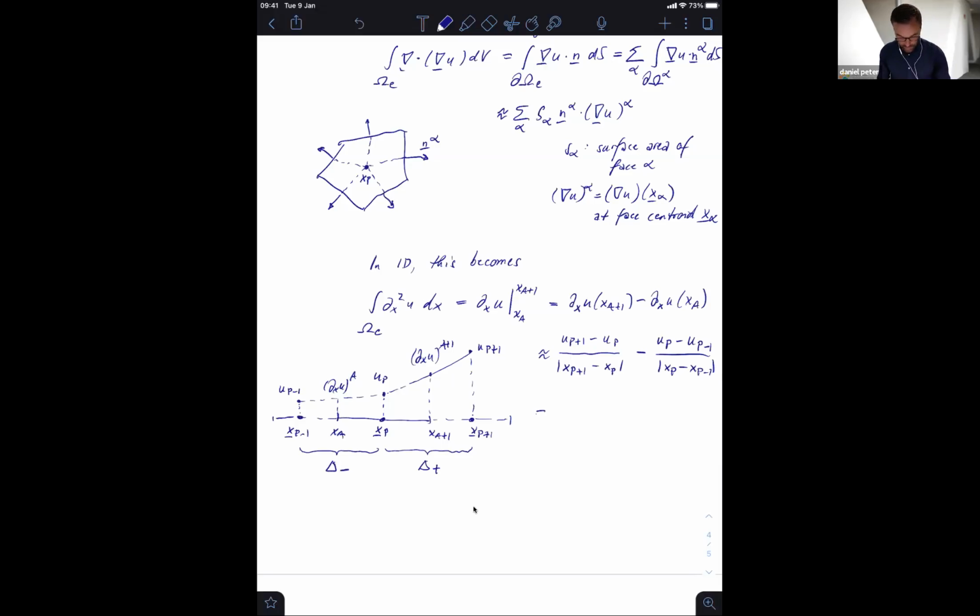Then we can just write this as 1 over delta plus of up plus 1, then 1 over delta minus up minus 1, minus 1 over delta plus plus 1 over delta minus up.